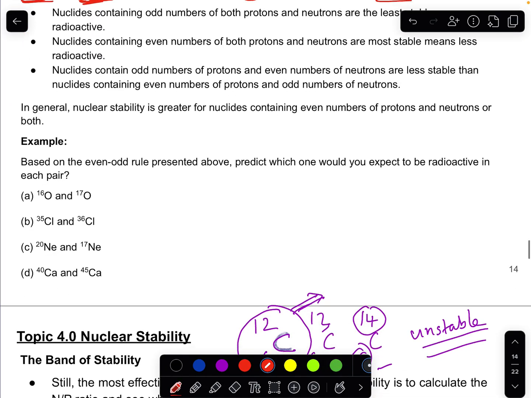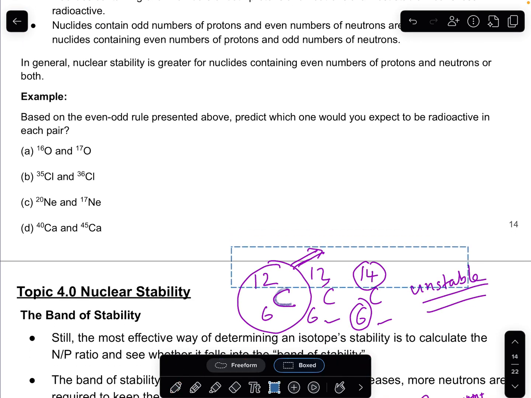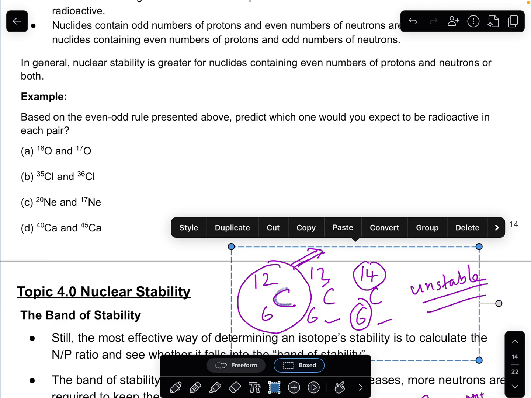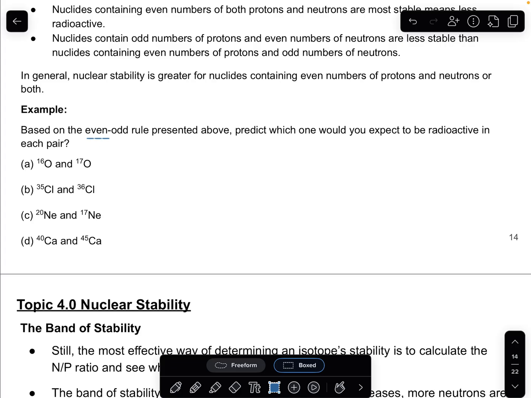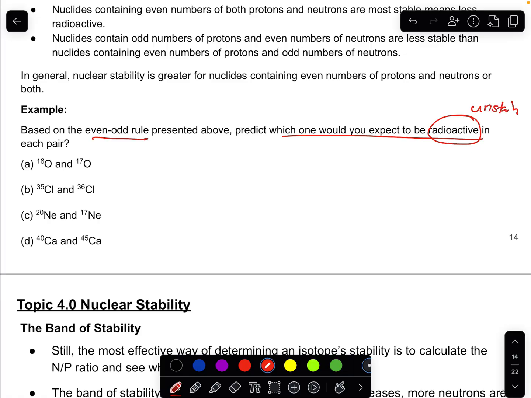Let's see some examples based on the even odd rule. Using the even odd rule represented above, predict which one you expect to be radioactive, that means unstable. This is oxygen-16 and oxygen-17.